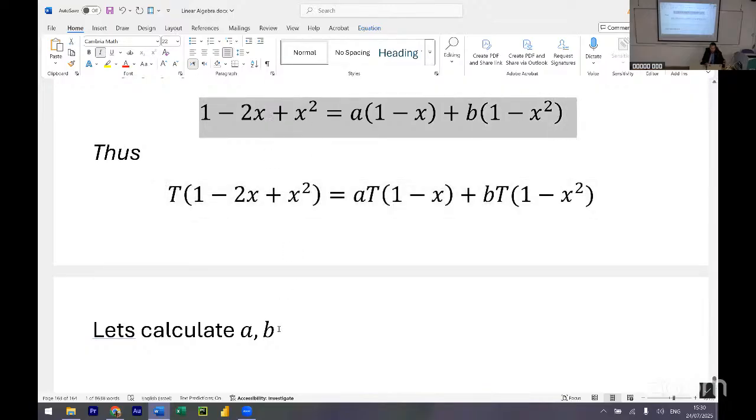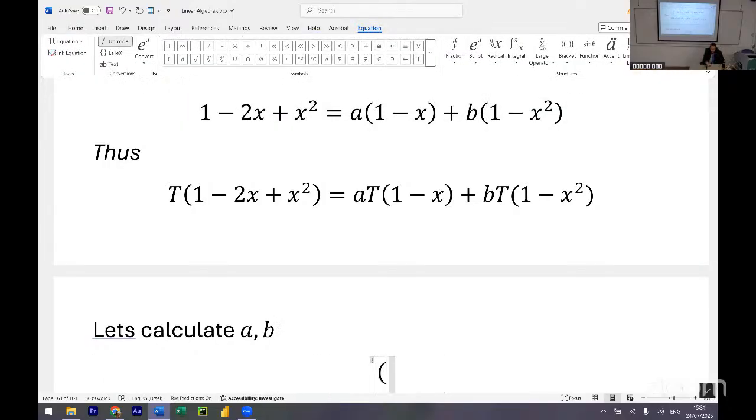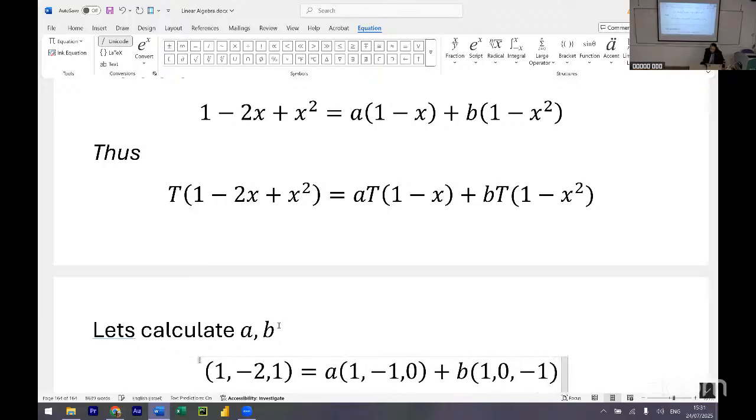If it was written in a regular vector form, it will be written, and you can do it, and it will be helpful for us. 1 minus 2, 1 needs to equal A times 1 minus 1, 0 plus B times 1, 0 minus 1.